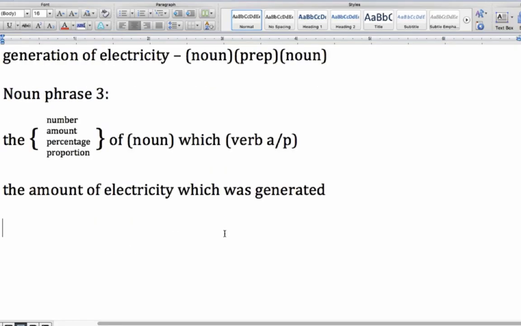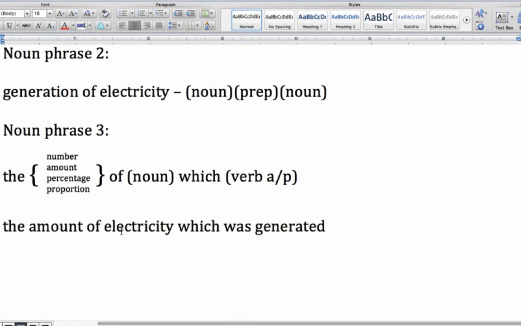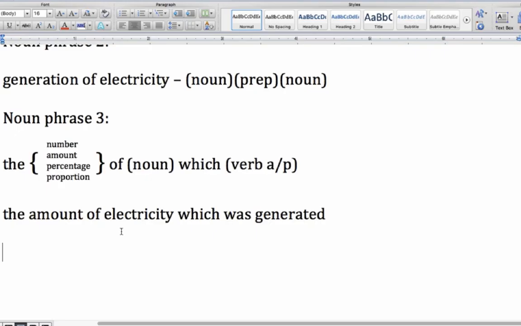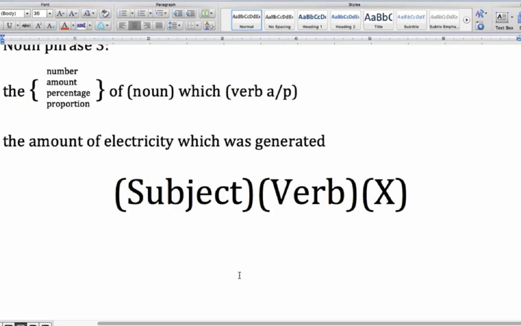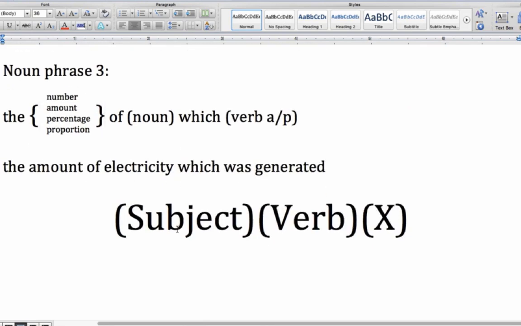Right, now I just want to repeat, we are putting these noun phrases in the subject of our sentence. Let's look at the sentence structure. Here's our sentence, subject, verb X. We're putting these noun phrases in here. And I want you to put them there. No, only in the subject.